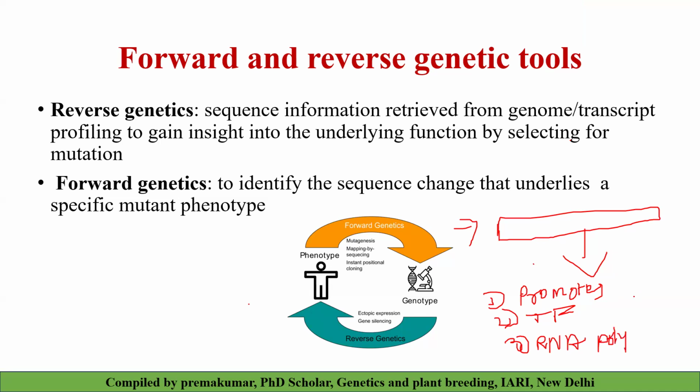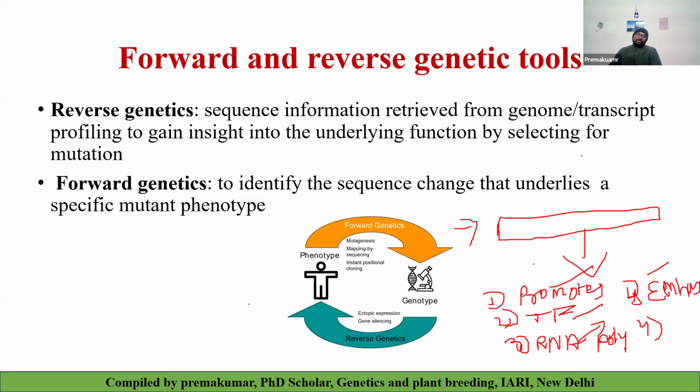Regulatory elements. What are the regulatory units? Enhancers. Yes, this is one of the regulators: enhancers, activators, mediators. But majorly enhancers should be there, a promoter should be there, transcription factors and RNA polymerase.